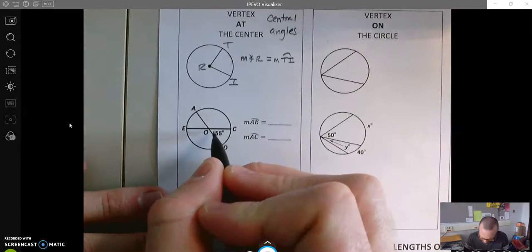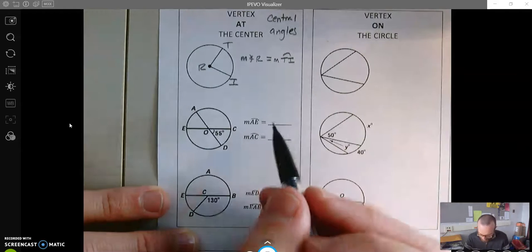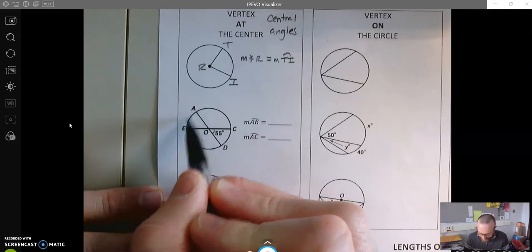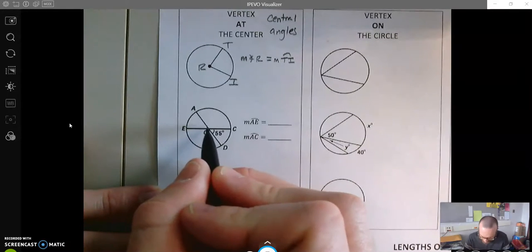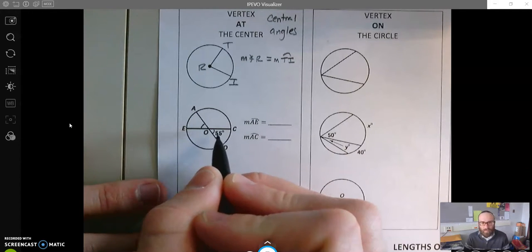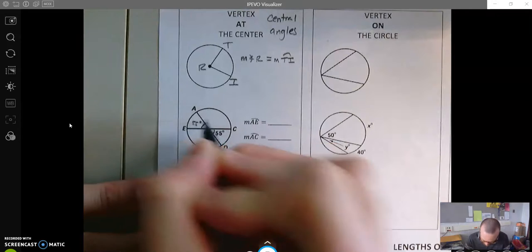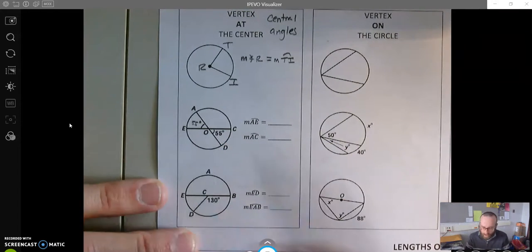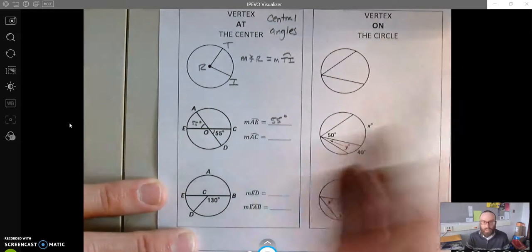So we see that this is 55 degrees. Now, we're looking for AE and AC. Well, AE is intercepted from that angle. We know that vertical angles are congruent, so we have 55 degrees right there as well, meaning that arc AE is also 55 degrees.